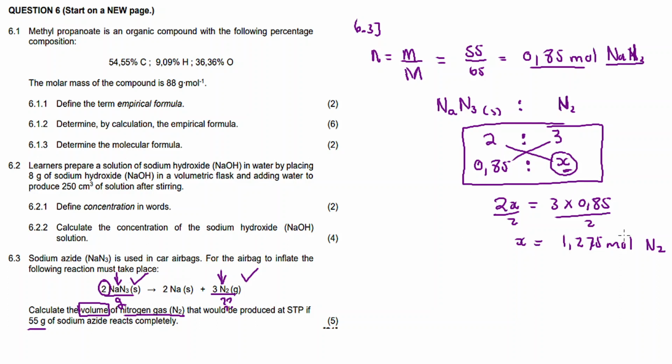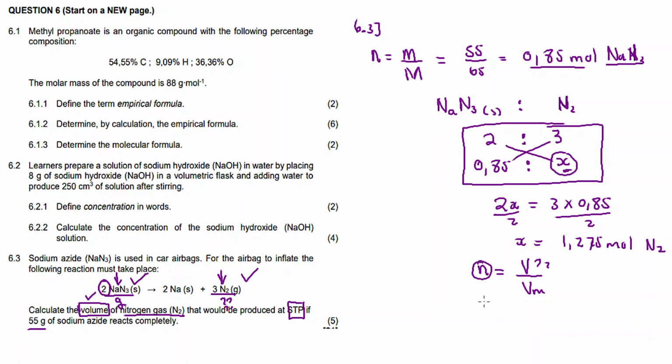So since we have the number of moles of nitrogen gas at standard temperature and pressure, but the volume at standard temperature and pressure is what we want, we know that the number of moles is calculated as volume over molar volume. So I just substitute into the equation and find the volume produced.